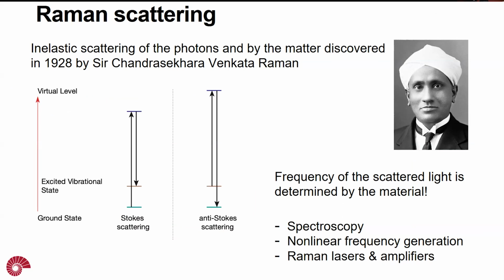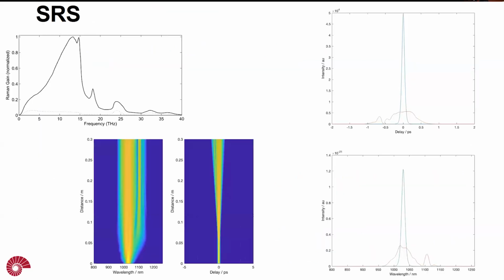So in a way, you can use it to perform spectroscopy. Let's say you have a liquid, you don't know what's inside. You can shine light, you know the frequency of your source, and you can check where the scattered piece is, and because of that, you can identify what should be inside the liquid. Okay? And you can get this nice sort of frequency generation. Also, you can get Raman lasers and Raman amplifiers, one of my favorite laser types.